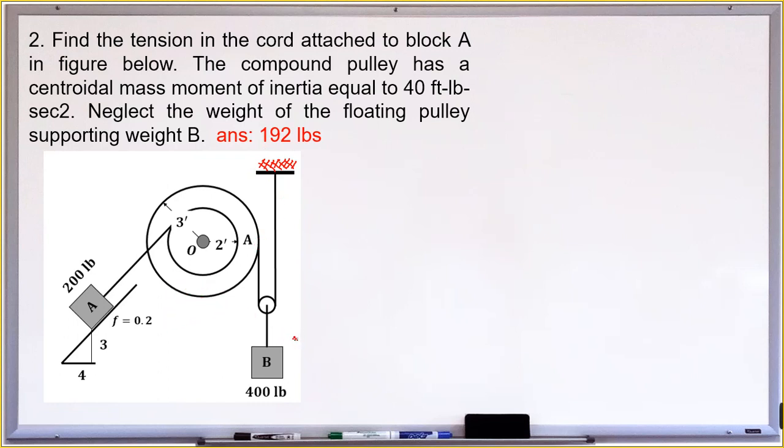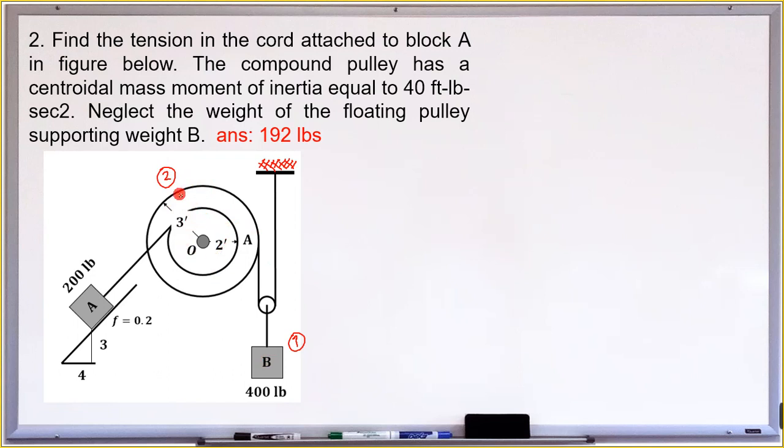We have our first object, block B. Its dimensions are not very significant, and block B is very small compared to its direction of travel or its path. Therefore, we consider this as a particle. For our second object, we have this compound pulley with different radii and diameters.